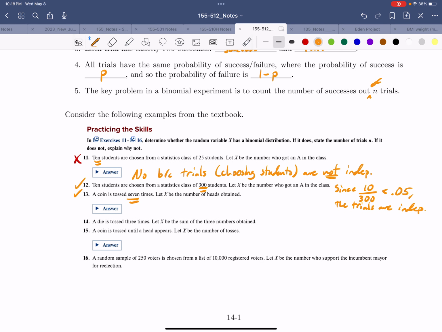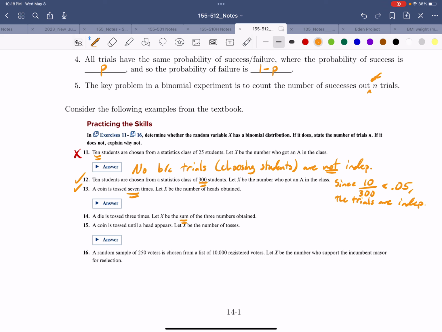A die is tossed 3 times. Let x be the sum of the 3 trials. Well, that's not going to be okay, right? That's not binomial because there are more than 2 outcomes. There are 6 outcomes per toss, and x has, I guess, 15 or 16 possible outcomes, so definitely not.